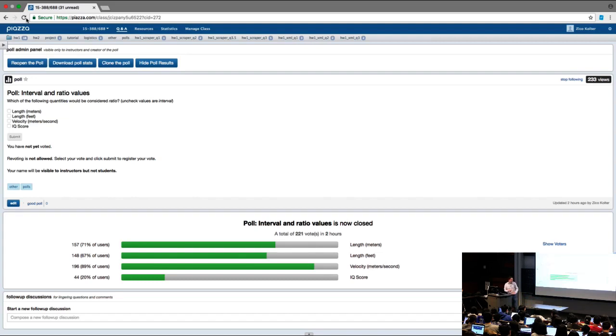This is why I had the feet question. At least a couple people said maybe feet is interval and meters is ratio. It's not about the unit of measure or the system, English versus metric. It's about whether the zero point means nothing effectively, and whether you can think of ratios in that quantity having meaning, which is why the name is called ratio.